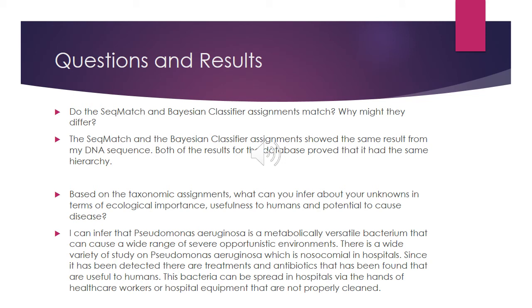Pseudomonas infections are considered opportunistic infections. This means that the organism can only cause disease when a person's immune system is already impaired. So basically, it's usually found in hospitalized areas. And treatments and antibiotics have been found that are useful to humans to treat this type of bacteria.